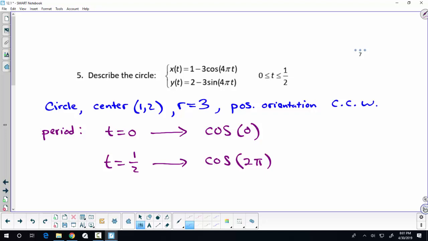Do you have any questions on that? Of course, we would have the 1 minus 3 cosine. We have 1 minus 3 sine of 0. But it's all the same. Cosine and sine range from 0 to 2 pi, so we get 1 circle.